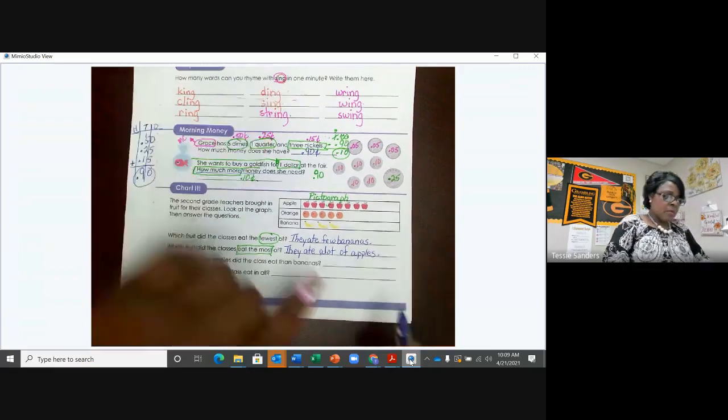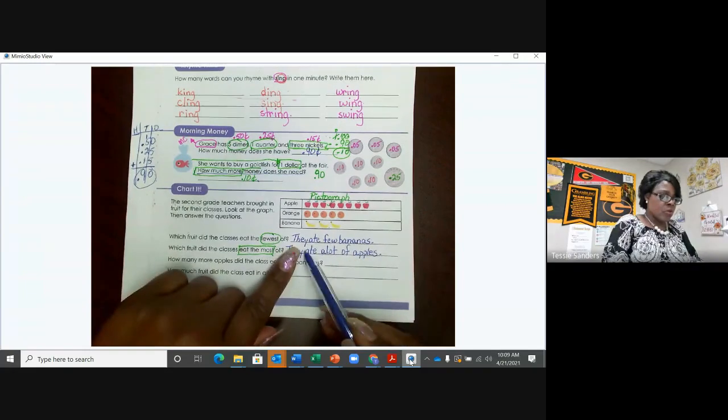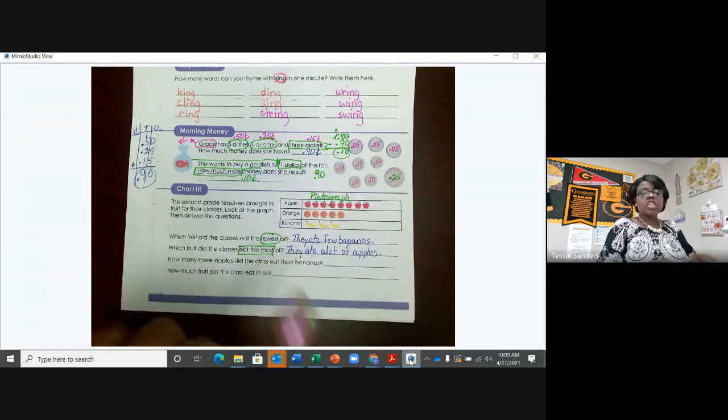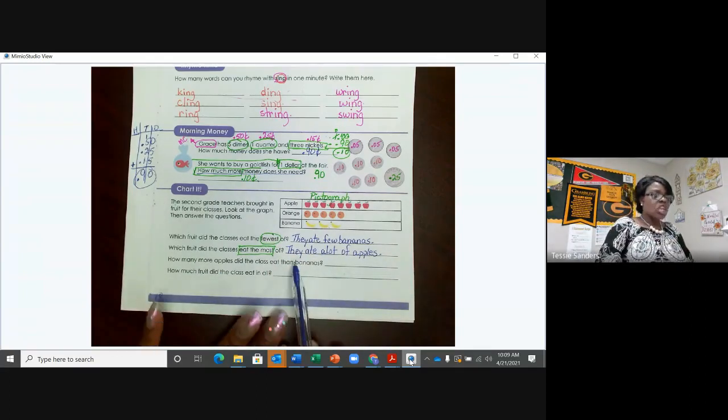Period. Look at your lowercase p's, please. Look at your lowercase y's. Make sure that you are writing your upper and lowercase letters correctly. You should have written your short answer. They ate a lot of apples.